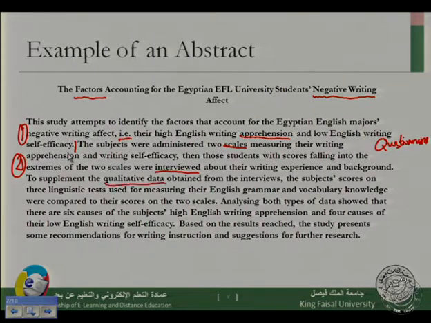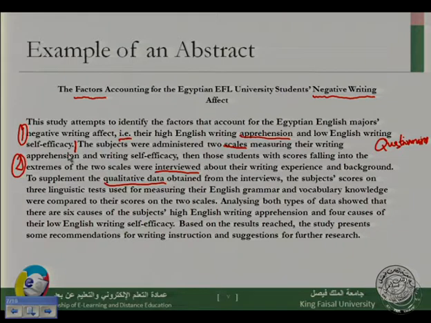So he's telling us that he used qualitative data rather than quantitative data. He didn't want to bother about numbers. He just wanted to explore the factors, justifying these factors. So you see, he is very good in describing number 2 in the abstract components, which is the methods.